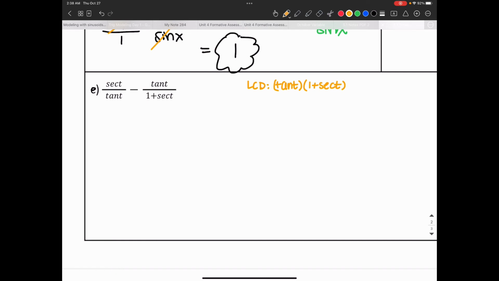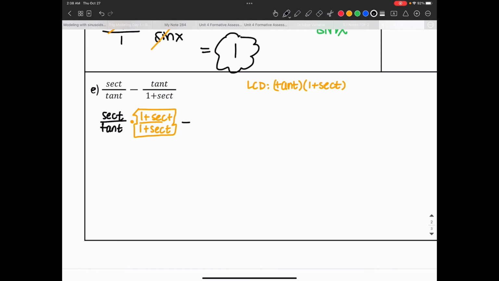And so I'm going to have to multiply the first fraction. I'll write it like this. The first fraction, I'm going to multiply by 1 plus secant of t in the denominator. And if I do that in the denominator, I've got to do that in the numerator, because I want to keep that fraction the same value. I'm multiplying by a giant 1.